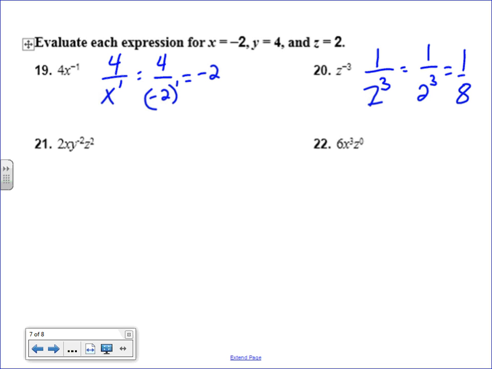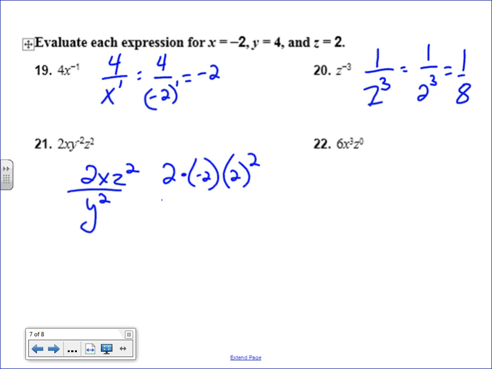Okay, if I look at this next one, I would have a 2x on top. The y to the second would have to move to the bottom, and z to the second could stay on top. And then I can just plug my numbers back in, so I'd have a 2 times a -2 times a 2 squared all over a 4 to the second power.